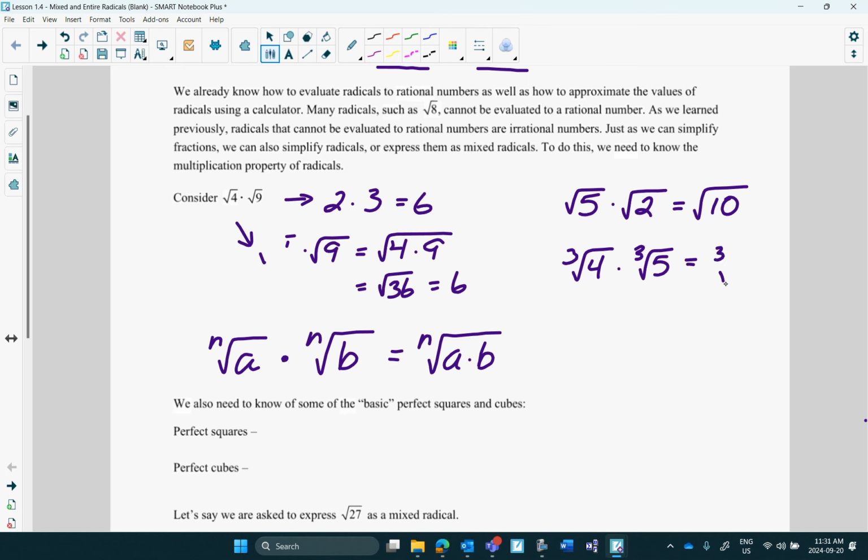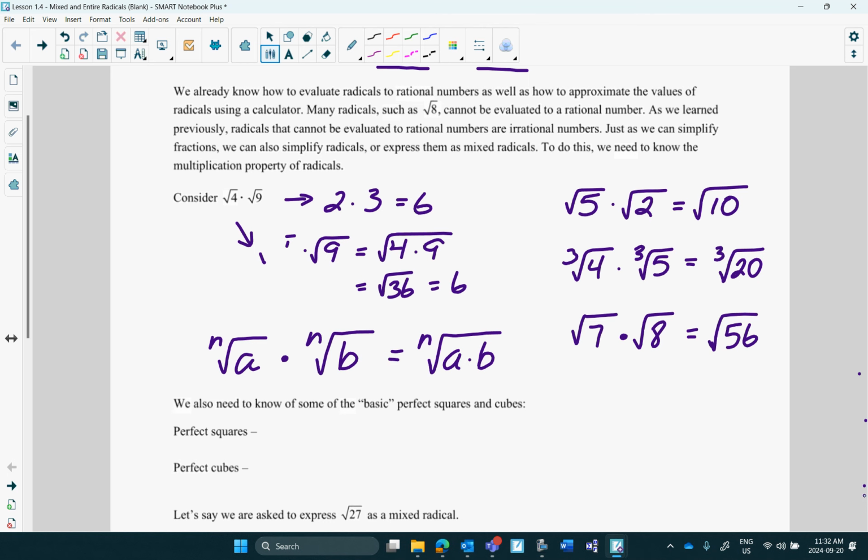The cube root of 20. The square root of 7 times the square root of 8. Don't overthink. Square root 56. Good. Okay, that's all that means.